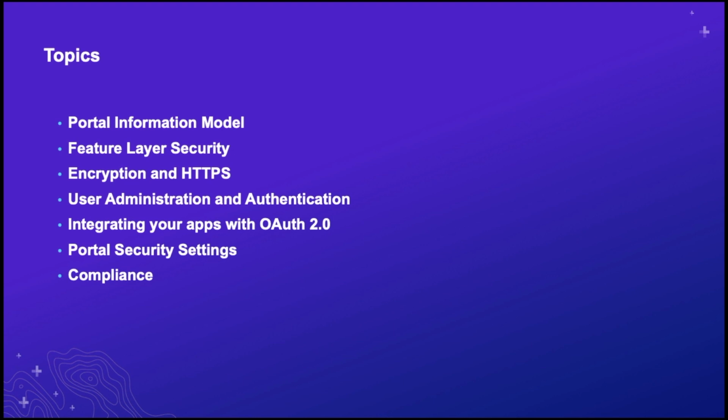And then we'll talk a little bit about integrating your applications with OAuth 2, if you are a developer that actually wants to use ArcGIS Online identities and provide extra functionality to users on the ArcGIS Online platform. A little bit more about some specific portal security settings that are important, and then a little bit about compliance and what we've done to sort of validate our platform.